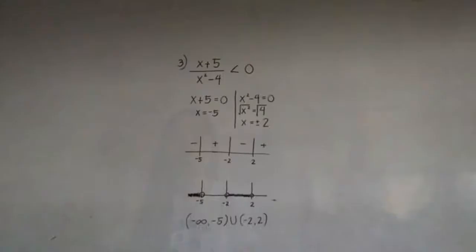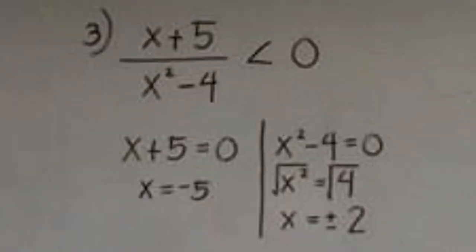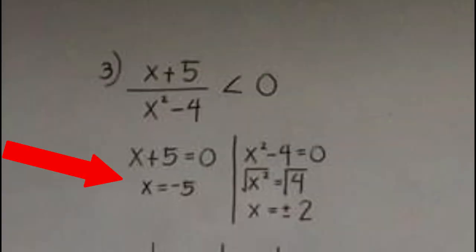Example number 3. So in here, we must find the key or critical values. To find the key or critical values, set the numerator and denominator of the fraction equal to 0. Then solve for the value of x. Next, make a sign analysis chart.